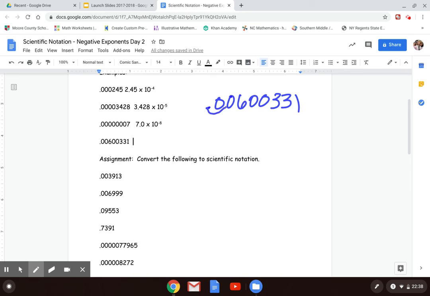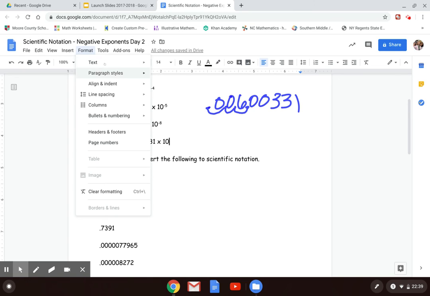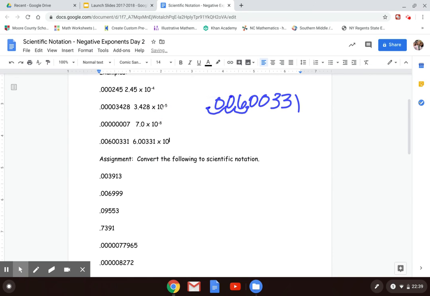So I move 1, 2, 3 places. Once I move those 3 places, that's going to give me 6.00331 times 10, and I moved 3 places, so it's going to be 10 to the negative third.